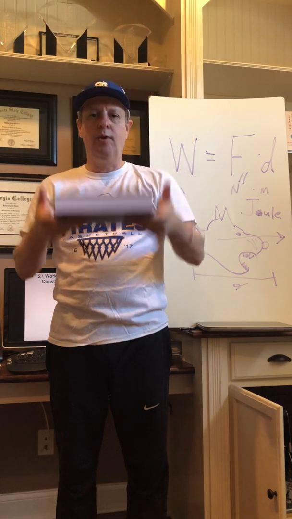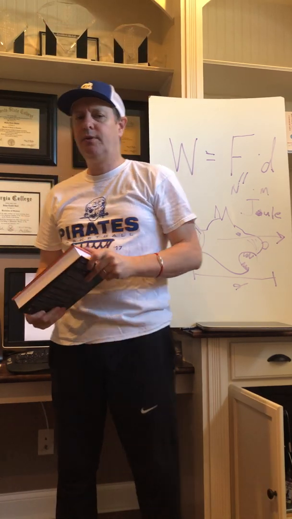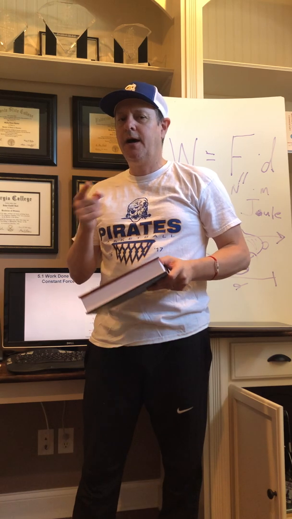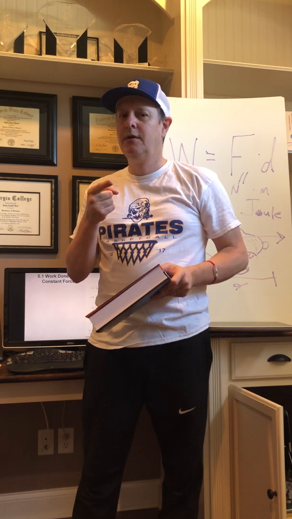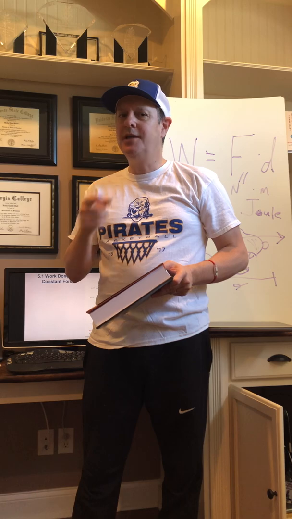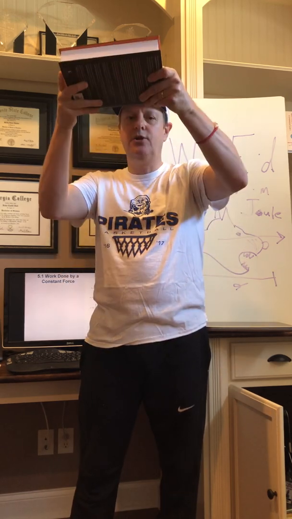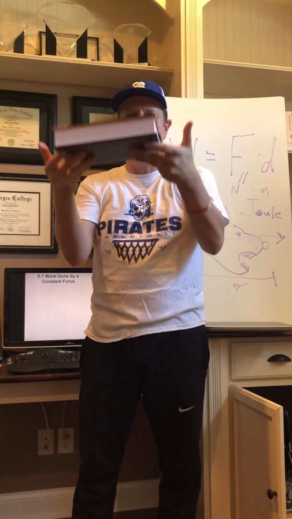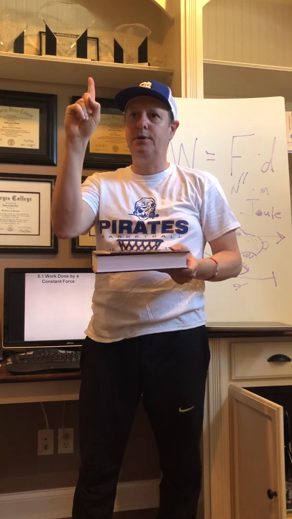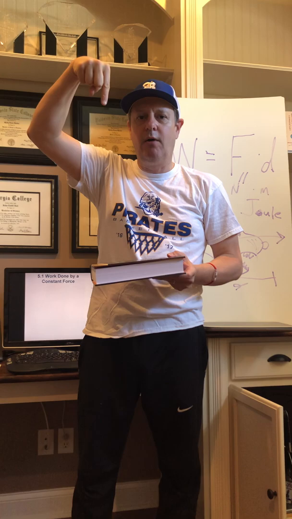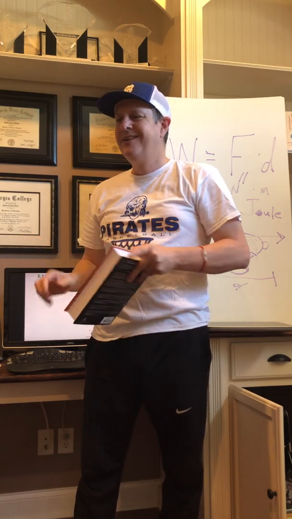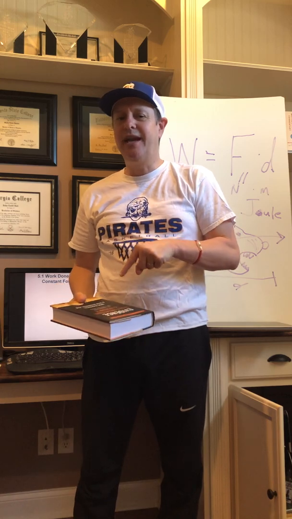What about when I lower it? What kind of work is done on the book when I lower it? It's not positive work. I'm not pushing down on the book. I'm not doing this. Okay, get down, book. I'm still lifting up on the book. I'm still holding up on the book, but the displacement is downward. So if same direction is positive work, then opposite directions must be negative work.